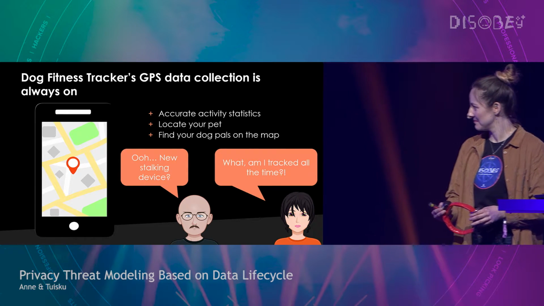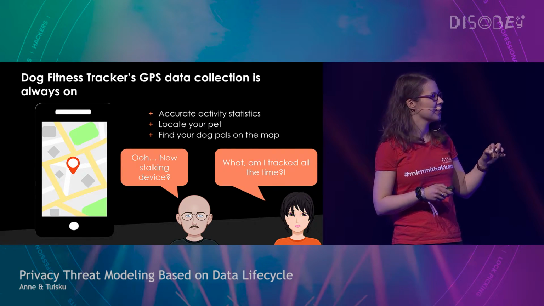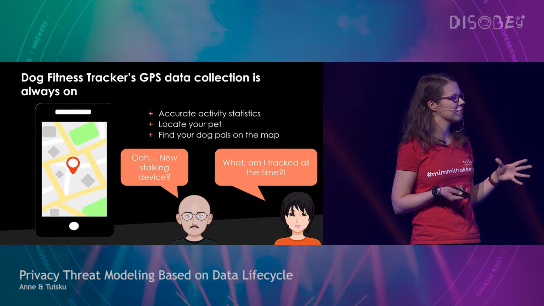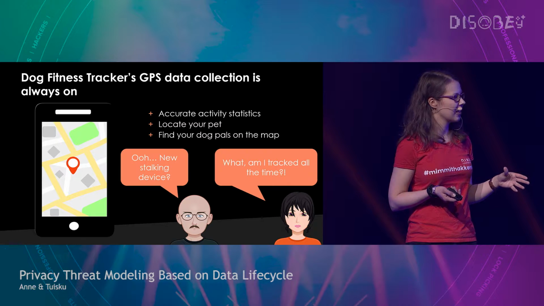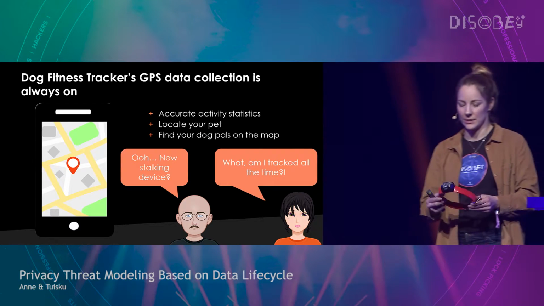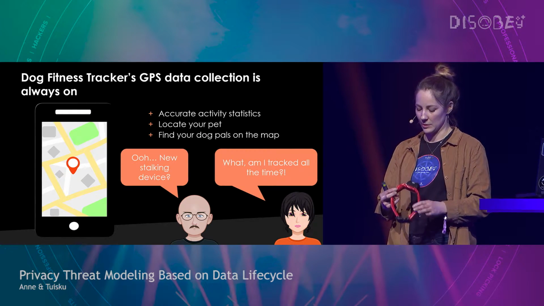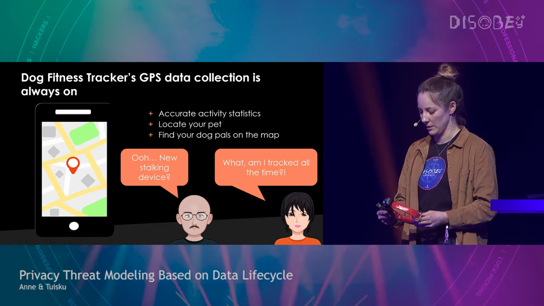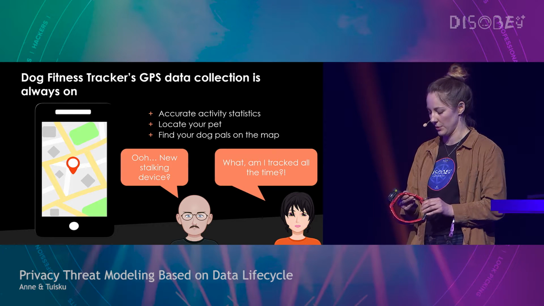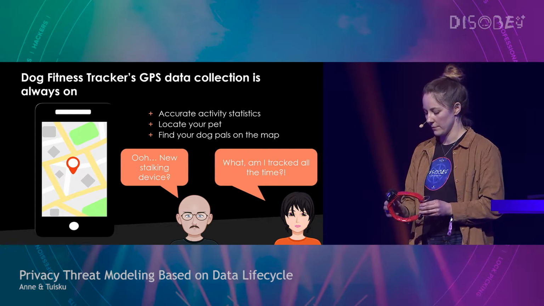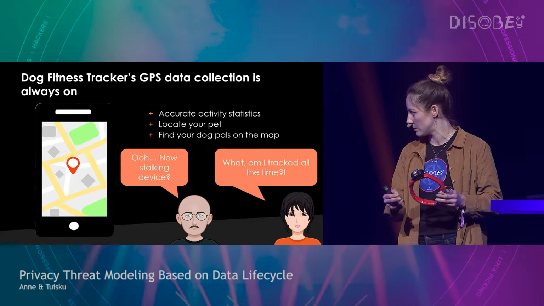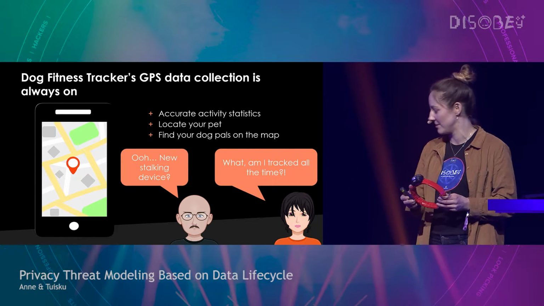OK, well, what if we put a button on the collar so you can disable and enable the location tracking? Would that be better? That is a good idea. And actually, that goes with the privacy by design and privacy by default. So you would make sure that all the features are turned off so that privacy doesn't get breached and users can make the choice to be tracked or not to be tracked.